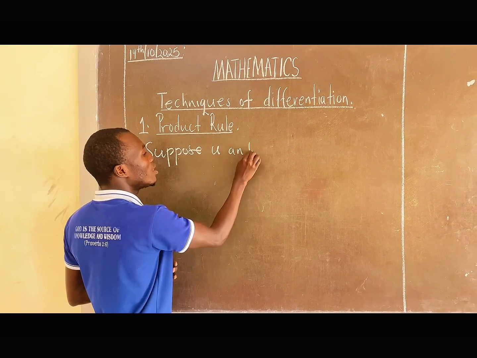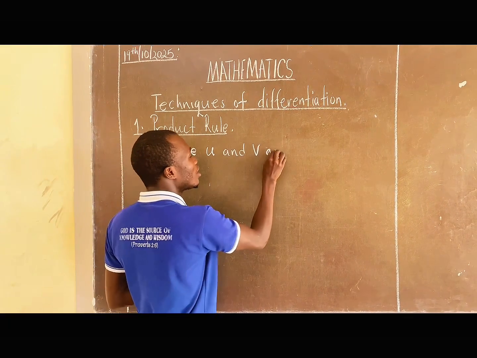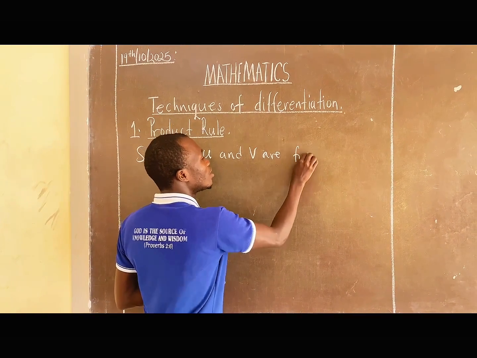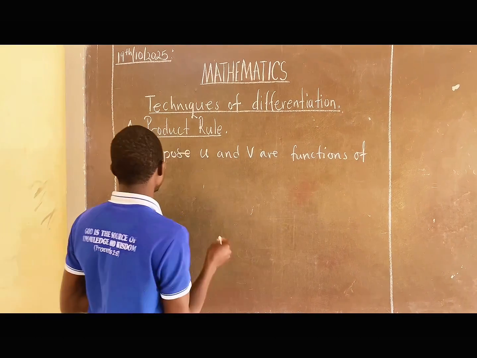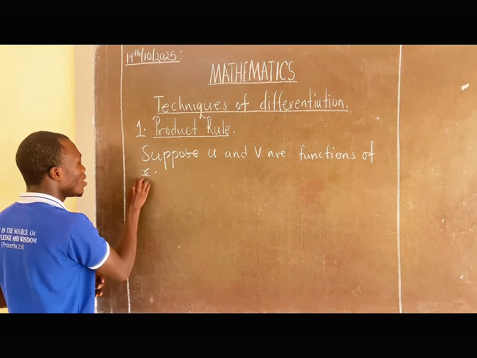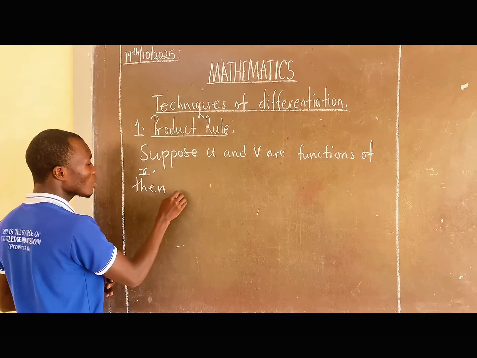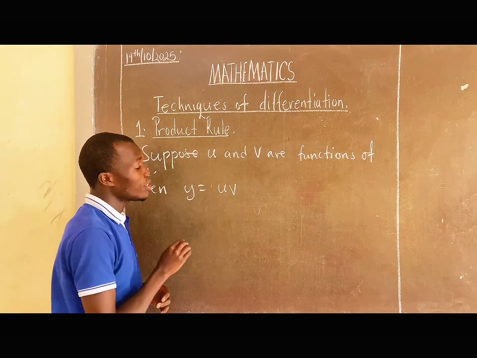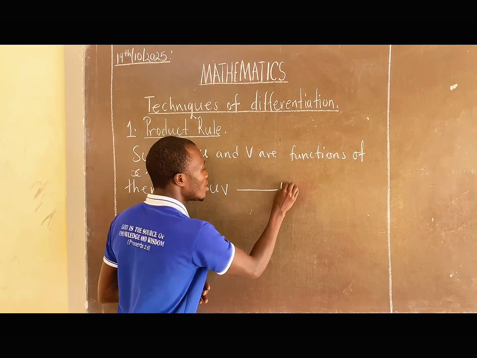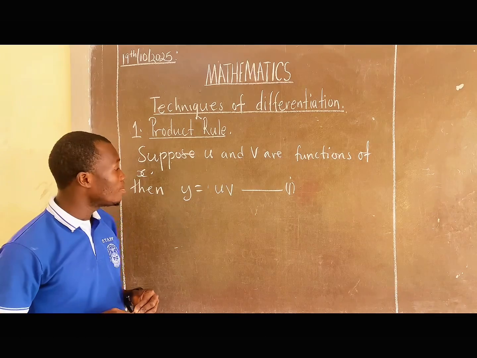u and v are functions of x. Then our y is equal to uv. Allow me to call this equation 1.